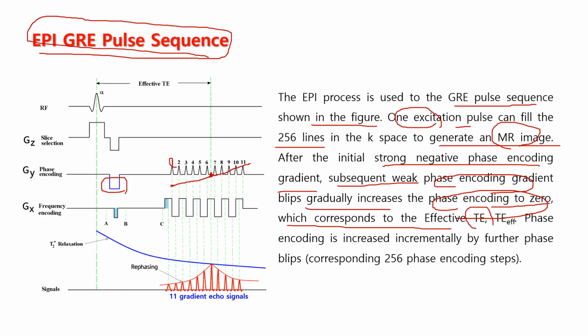Phase encoding is increased incrementally by the further phase blips corresponding to 256 phase encoding steps. So we can achieve 256 phase encoding steps using this kind of blipped phase encoding gradients.